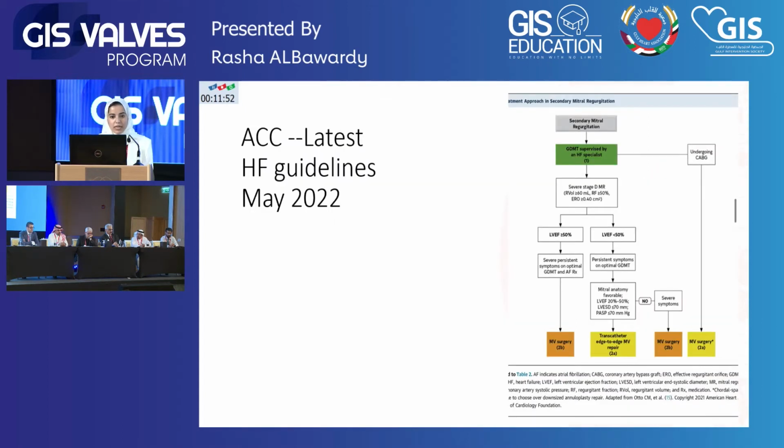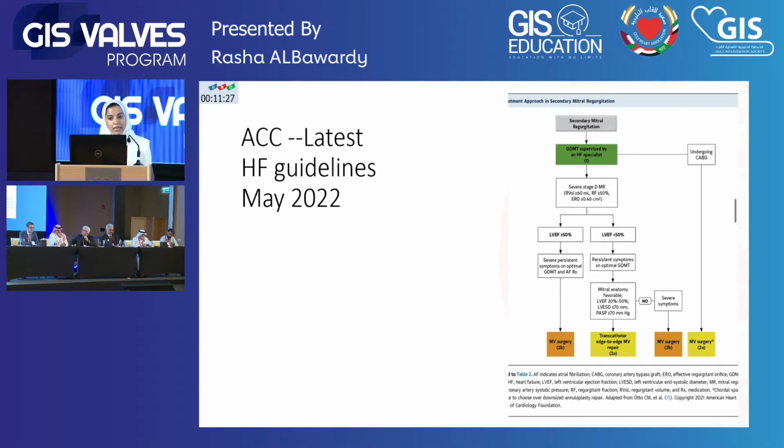Moving on to the next slide, we've talked about the anatomical considerations, but it's also important for secondary MR to look at the LV, which was also touched upon in the previous presentation. This is the latest heart failure guideline that was published last month. It goes along with the valvular guidelines that you have an indication to do a transcatheter edge-to-edge mitral valve repair, and it was given 2A.